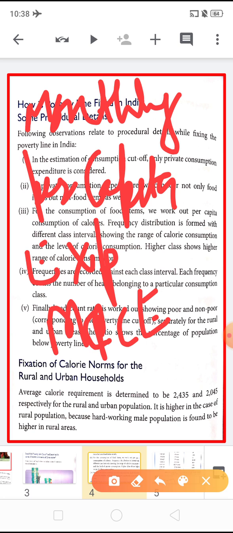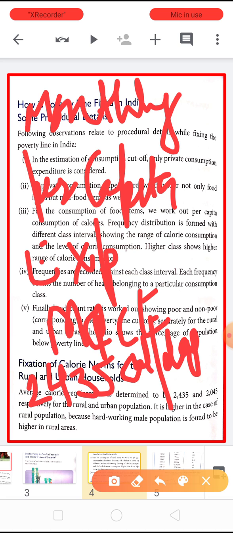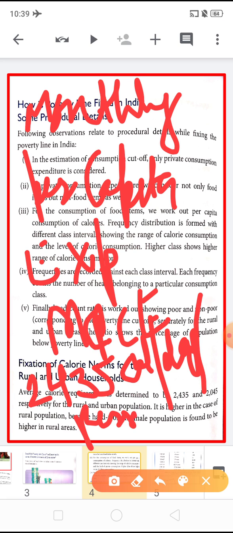Now, what is the minimum calorie intake? Children, the Planning Commission has defined the poverty line on the basis of the recommended nutrition requirement of 2,435 calories per person per day for the rural areas, and 2,125 calories per person per day in urban areas.